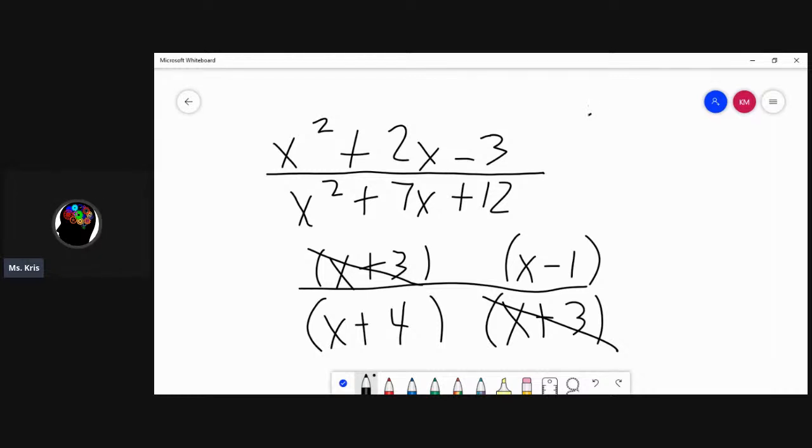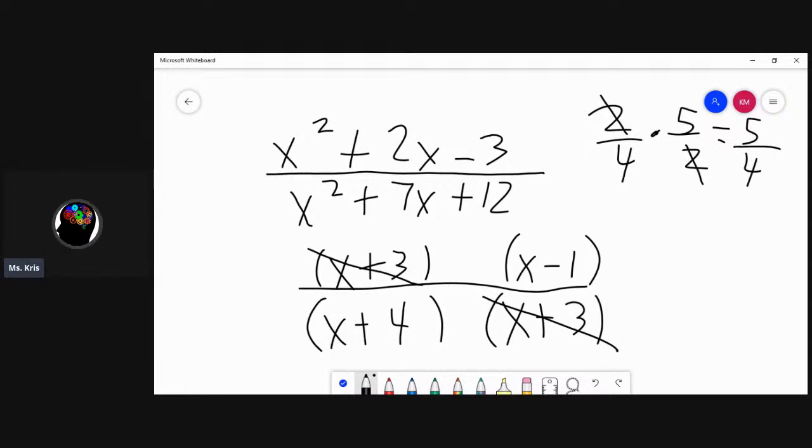That's just like saying if I have 2 to the 4th times 5 to the 2nd, I can easily cross the 2 out on the top and the 2 out on the bottom, and that'll leave me with 5 over 4.